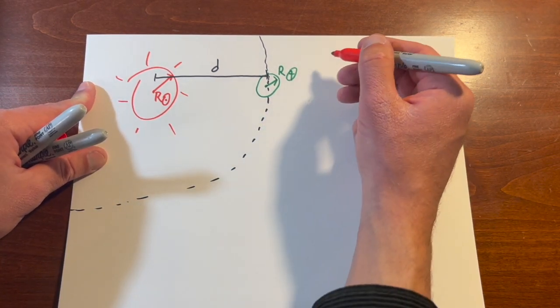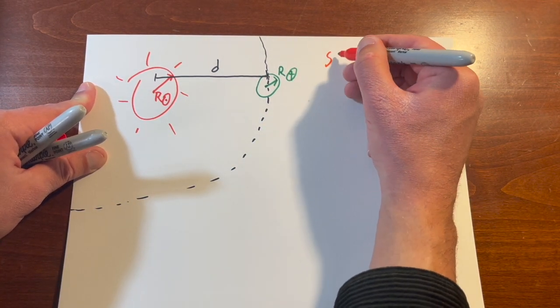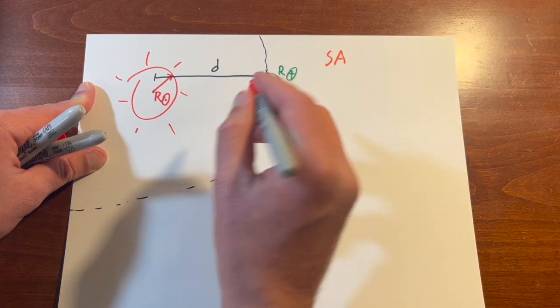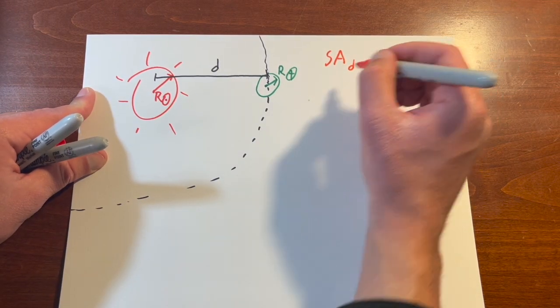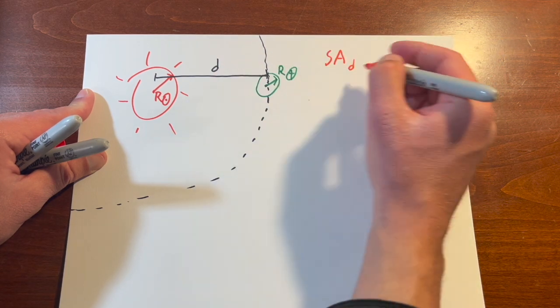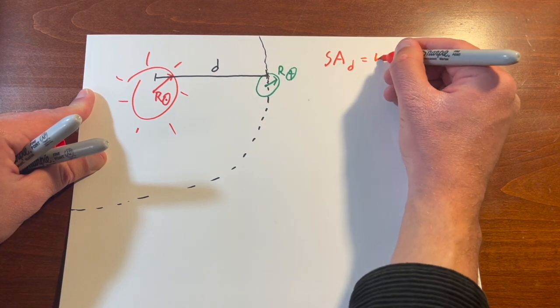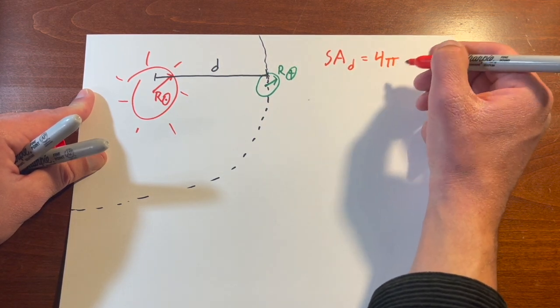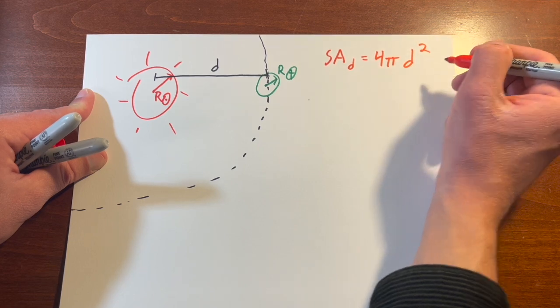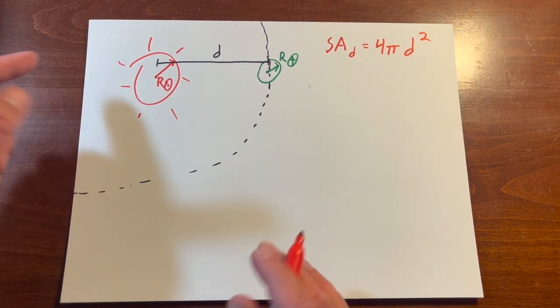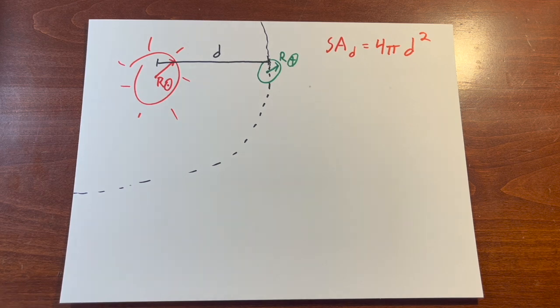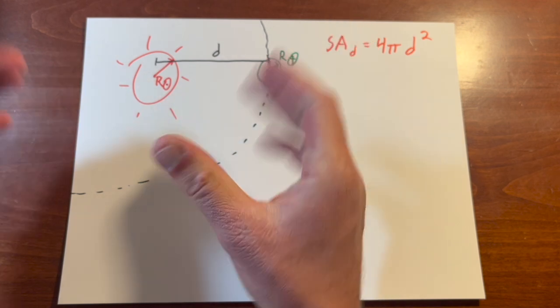Okay, so the total surface area of a sphere around the sun at the orbit of the Earth, let's call that distance d there, would be 4 pi d squared.